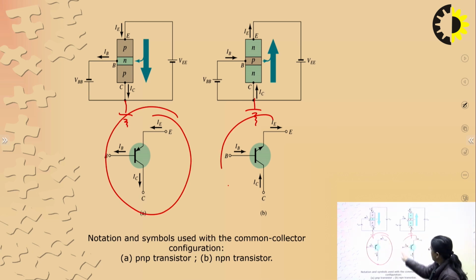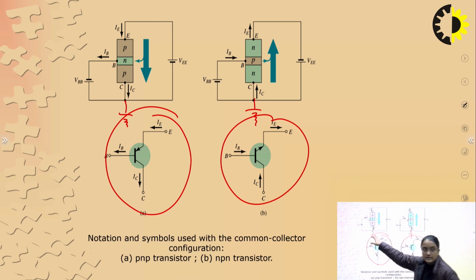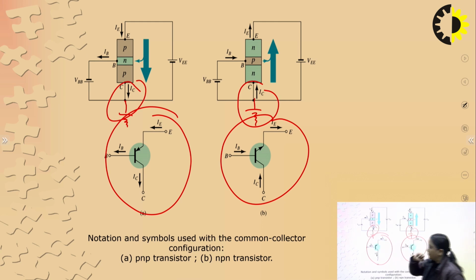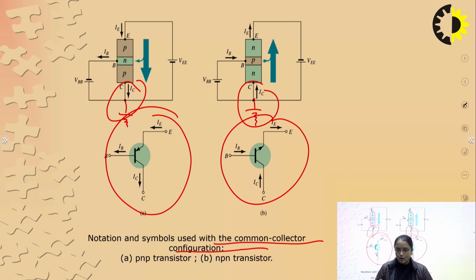These are the symbols of the particular transistors, and in both of them, your collector terminal is grounded. So this is the basic circuit diagram, and these are the symbols of NPN and PNP transistors in your common collector configuration.